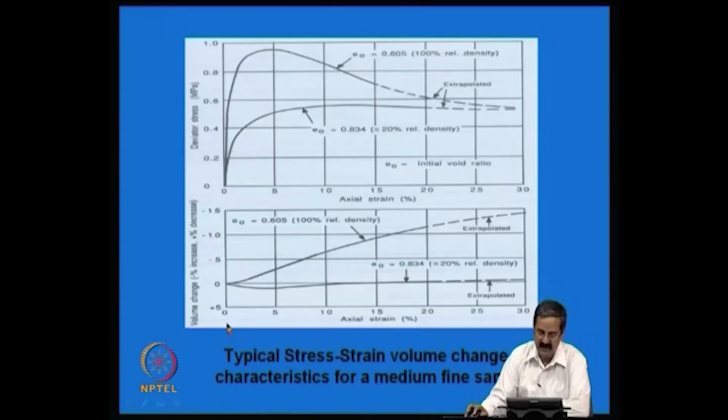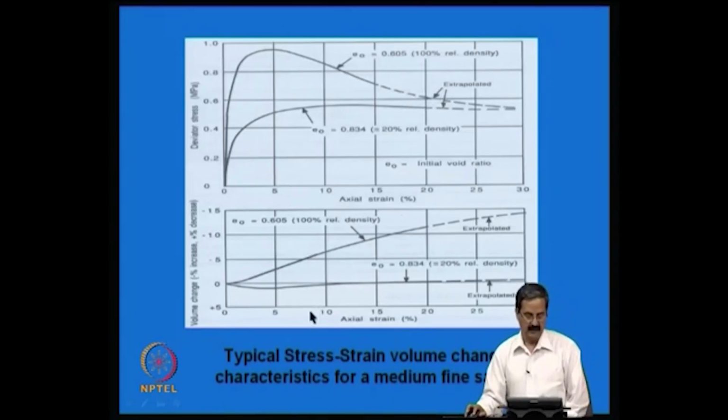Even in volume change you can see that the volume change is not much in the case of a very dense system, whereas in the case of a loose system, if you go to an axial strain of 30%, the volume change is very high, about 15%. The axial strains are also very low in the case of a dense system.